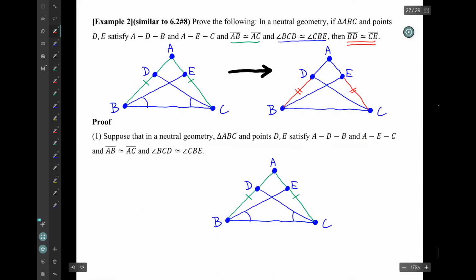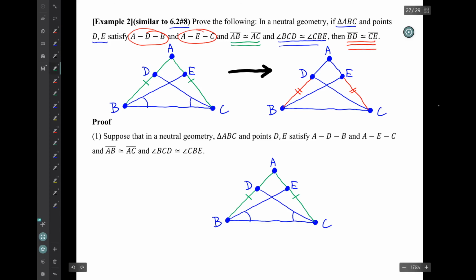Let's go on. Example 2 is similar to problem 6.2, number 8. It says, prove the following. In a neutral geometry, if a triangle ABC and points D and E satisfy these betweenness relationships and this green segment congruence and this blue angle congruence, then they'll satisfy this red segment congruence.